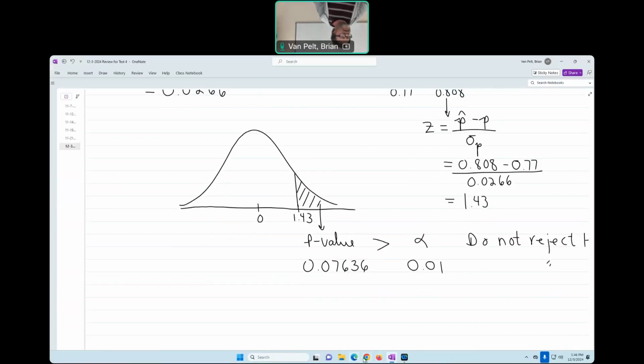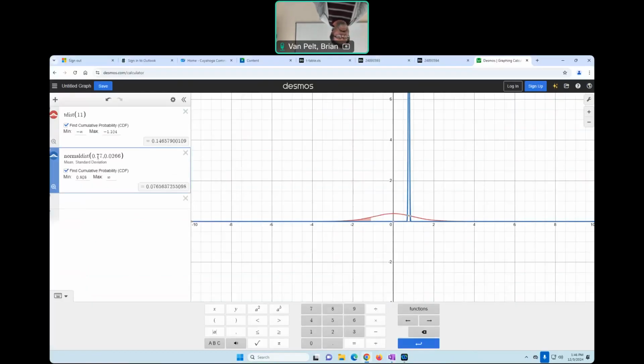If I come into Desmos, I can put in the mean and the standard deviation here, and then I can tell it where it starts and ends, and it gives me that p-value. So this one you don't have to do anything. It literally gives it to you. I think in the future when I do this, I want everybody to download Desmos onto their phones. We'll just work it that way instead of dealing with all these different calculators.